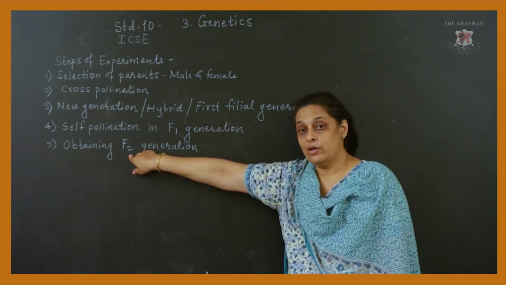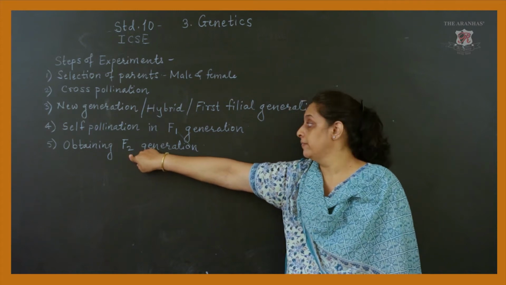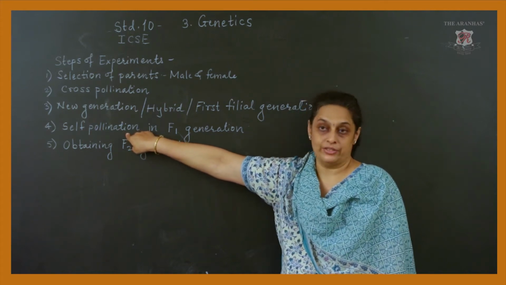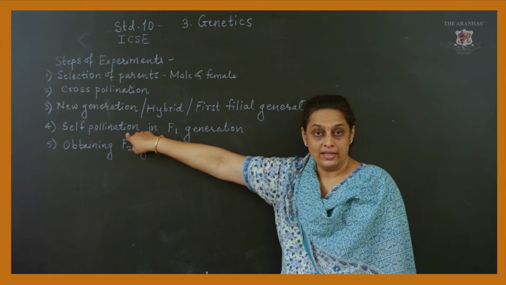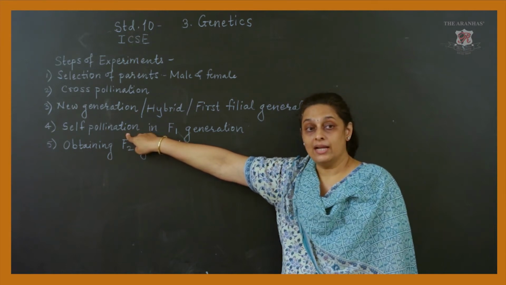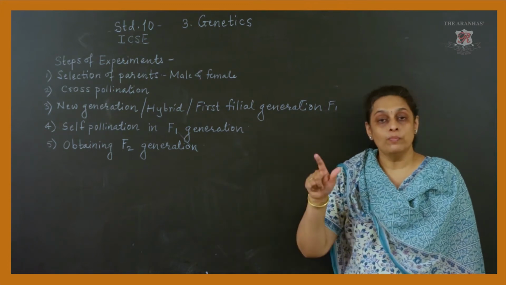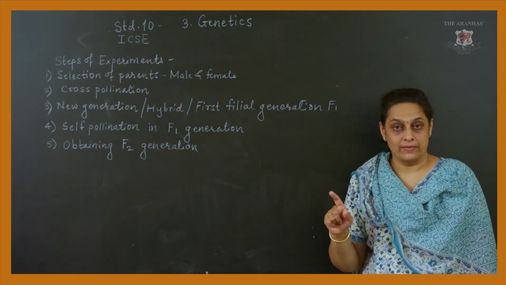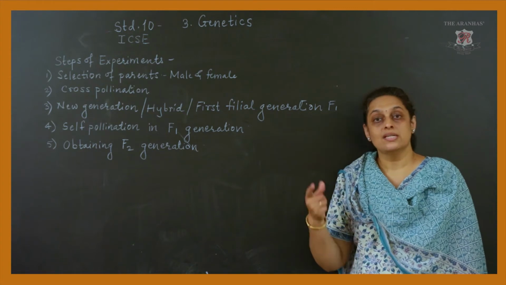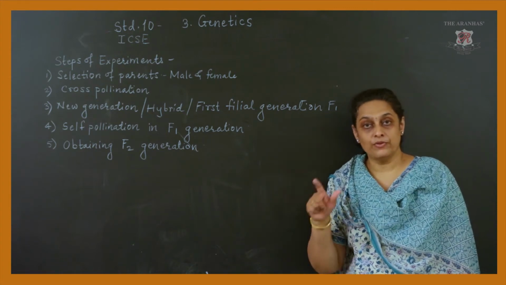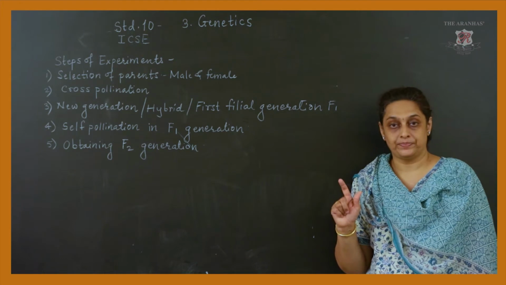But how did he obtain F2 generation? By self-pollination. Here he did not allow two different plants to participate in the cross. He used the same plant for the next generation.